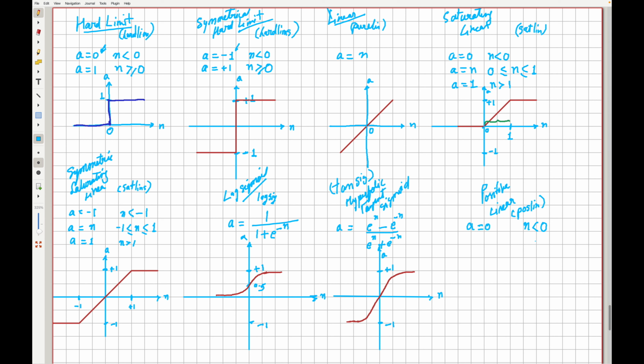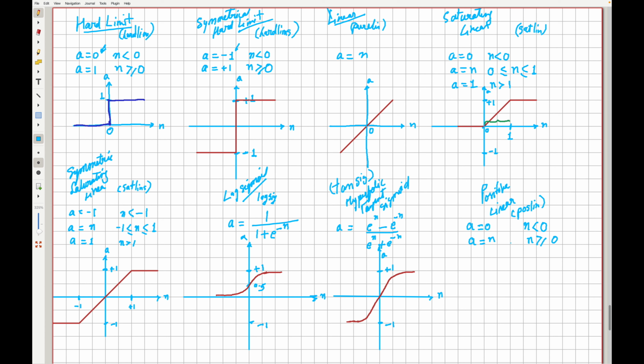If n is greater than or equal to 0, then a is equal to n. So it looks like if the values of n are greater than 0, then it behaves like a Purelin function.